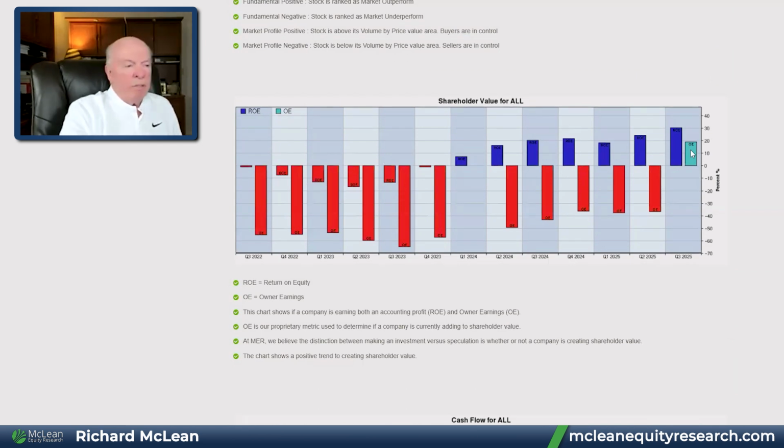Now, the metrics out of the cash flow statement, we consider to be more relevant than net income off the income statement. Net income has all kinds of non-cash items to it, has revenue recognition issues, has expense recognition issues, accruals, deferrals.